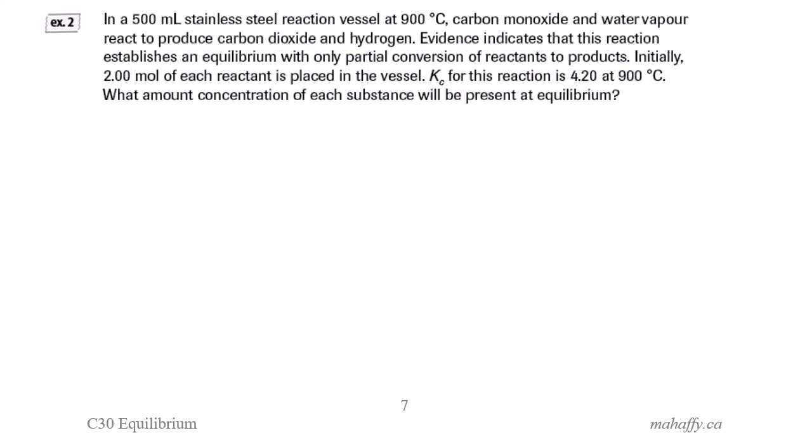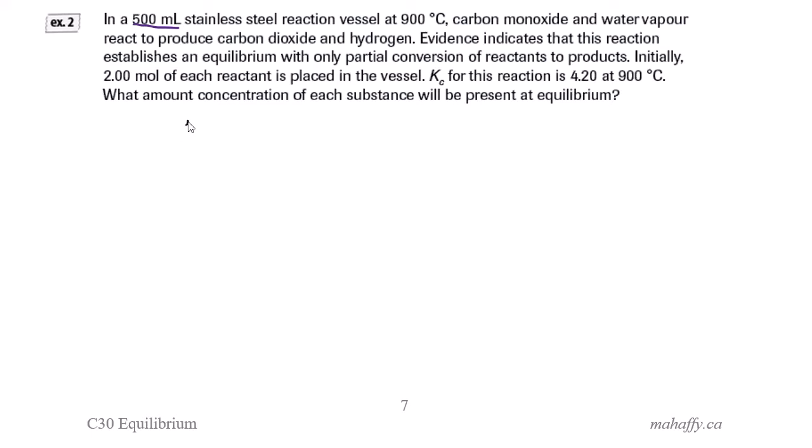Let's do another pretty straightforward example. I have a 500 milliliter stainless steel reaction vessel at some temperature. Carbon monoxide and water vapor react to produce carbon dioxide and hydrogen. So let's write down my reaction while we have it fresh up here.